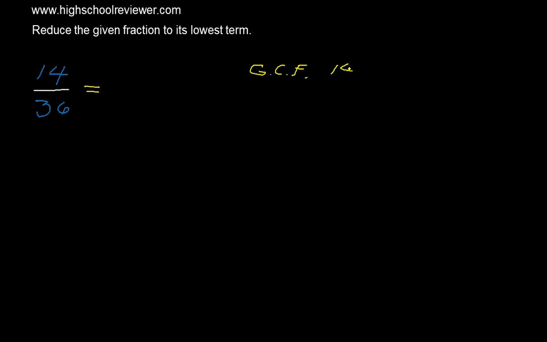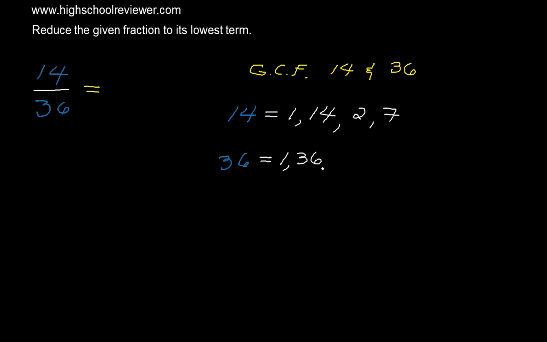of 14 and 36. The factors of 14 we have here 1 multiplied by 14, and we also have 2 multiplied by 7. These are the factors of 14. And for 36, the factors are, we have 1 multiplied by 36.